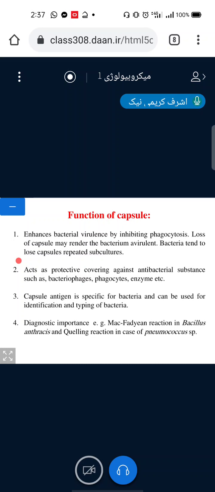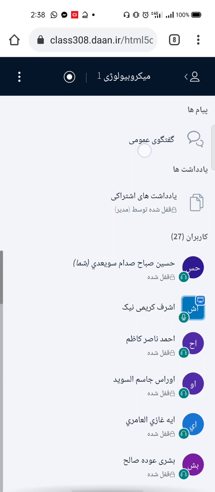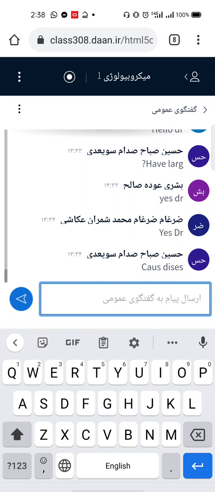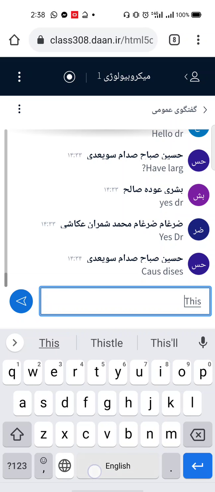Loss of capsule may render the bacterium avirulent. Yes, especially in pneumococcus. If a pneumococcus loses the capsule, the bacteria will be avirulent. Avirulent means non-pathogenic.